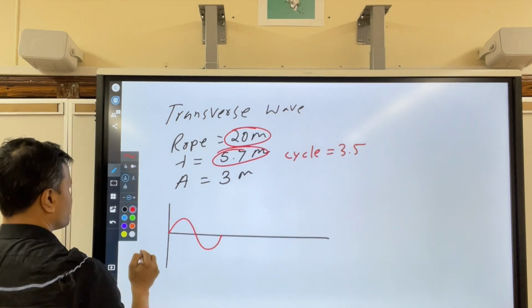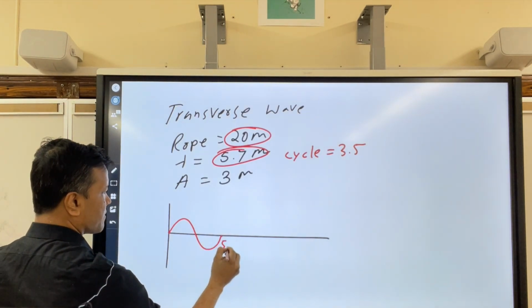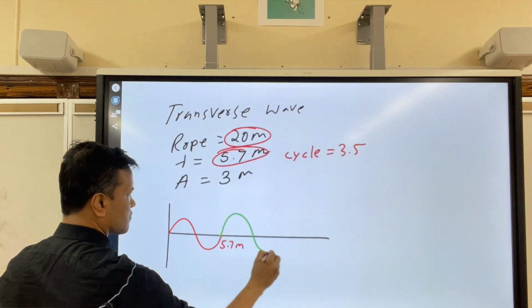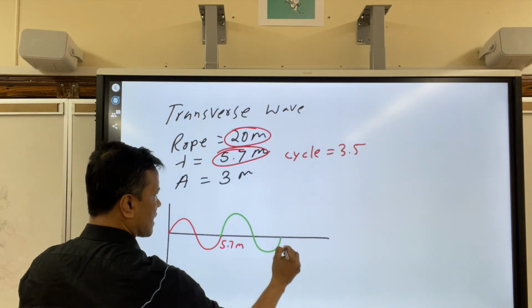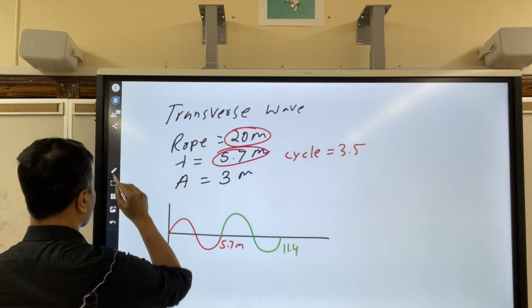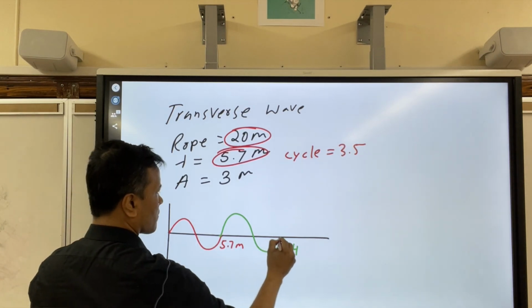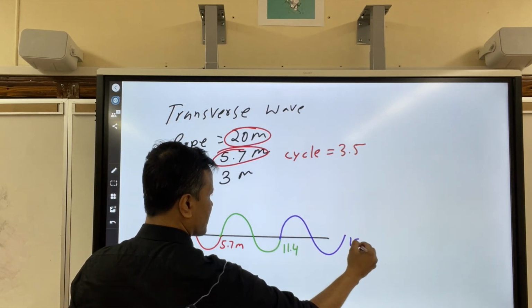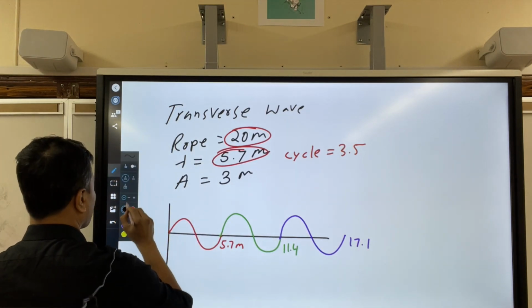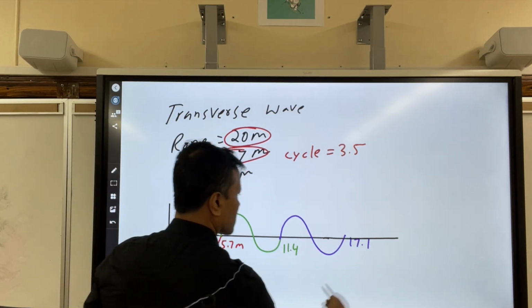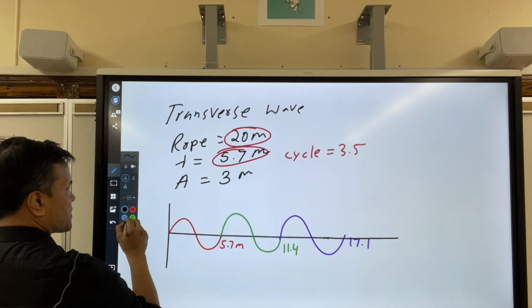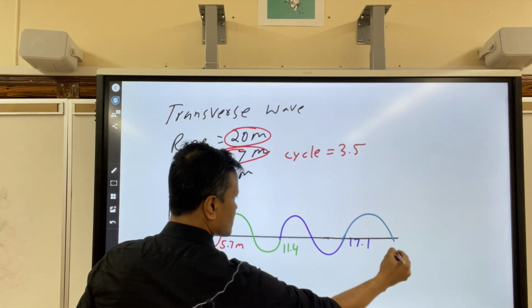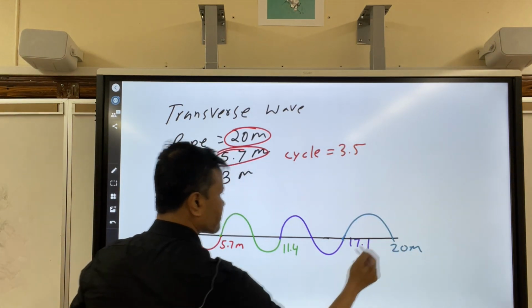One cycle is 5.7. Two cycles is 11.4. Three cycles is 17.1, and 3.5 cycles is 20 meters.